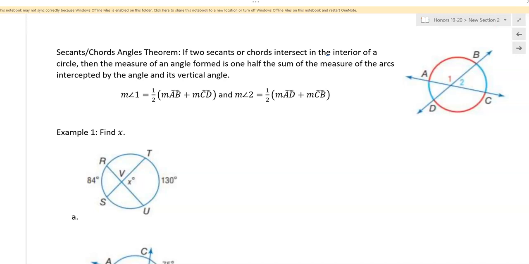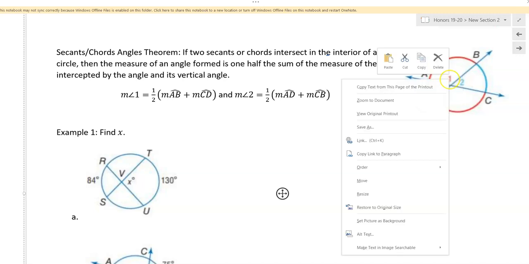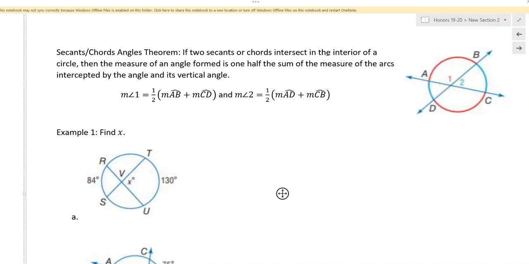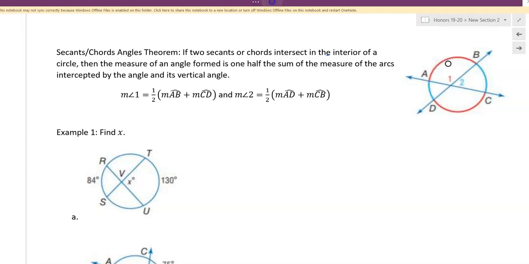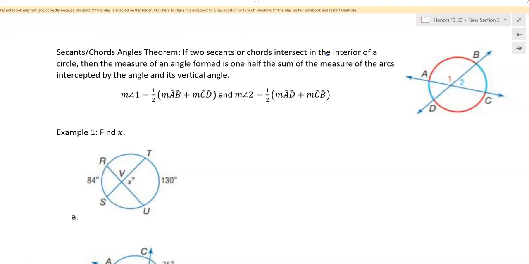So the measure of angle 1 is half of the two arcs that are on either side of it. Because we have vertical angles, these are the same, so it doesn't really matter there. So you have to take both of these arcs, add them together, and cut them in half.